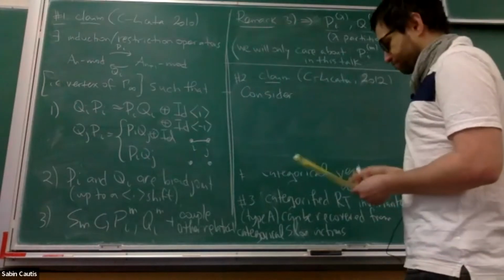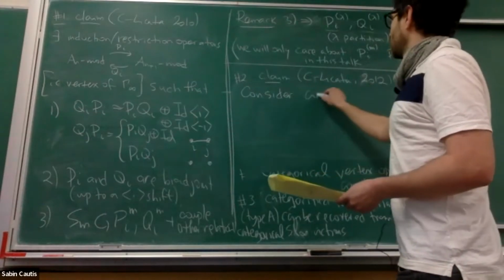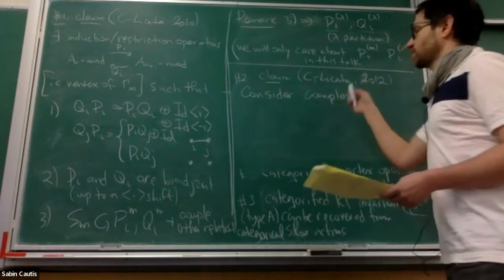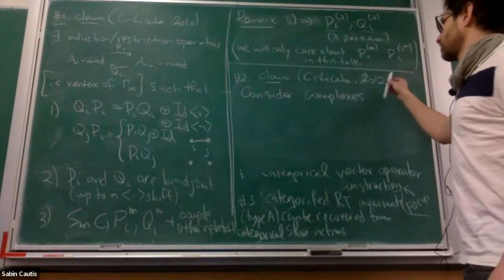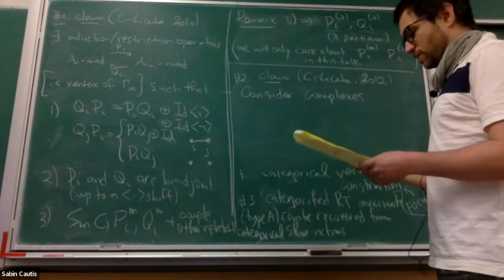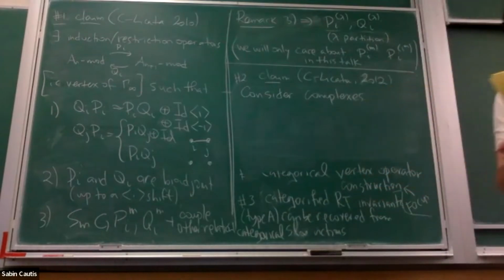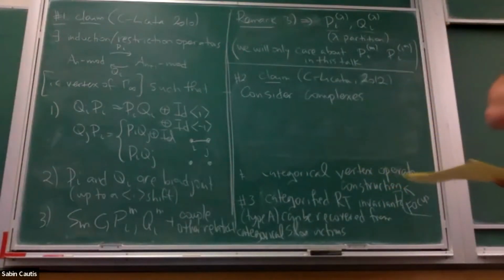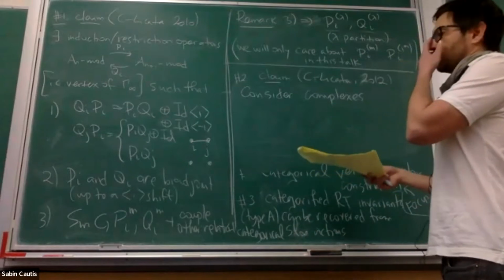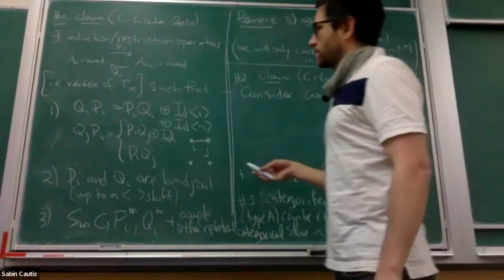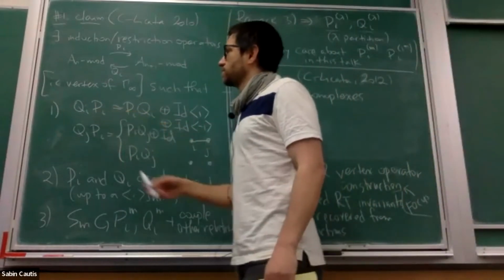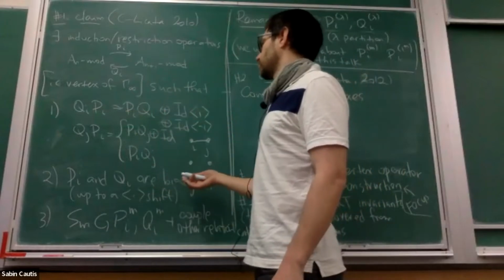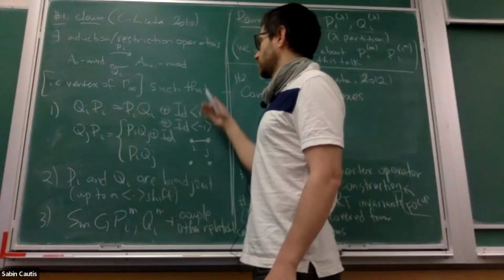So the contents of this result is this vertex operator construction, which could mean various things, but in this context it means, very concretely, writing down certain complexes in these P's and Q's, and you have an abstract definition of a categorical Heisenberg action in a sense.